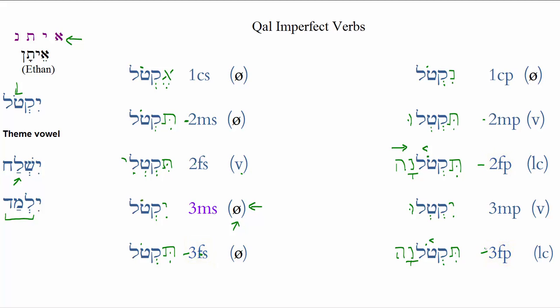And the third masculine forms have yod, 3ms, 3mp, and then our first common singular and our first common plural just sort of do their own thing. We have an aleph and we have a nun. You can probably find a better way to remember the prefixes, but that's just one.